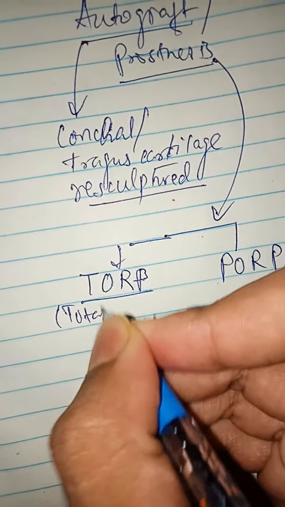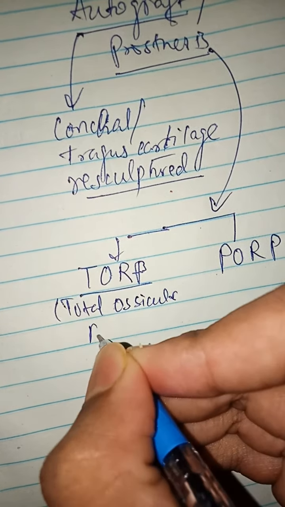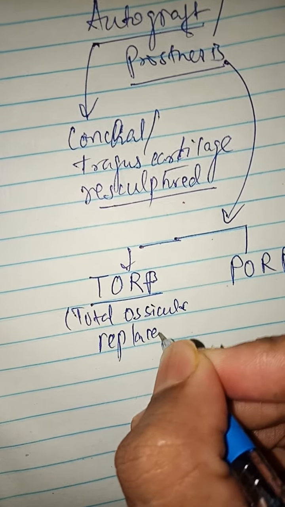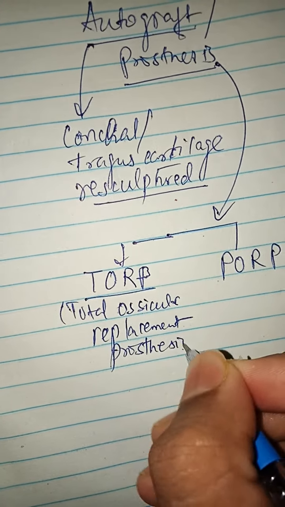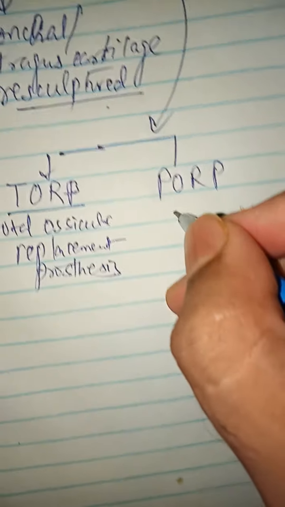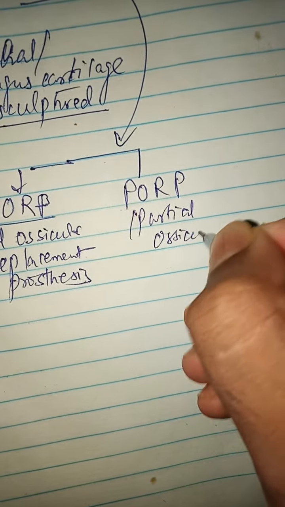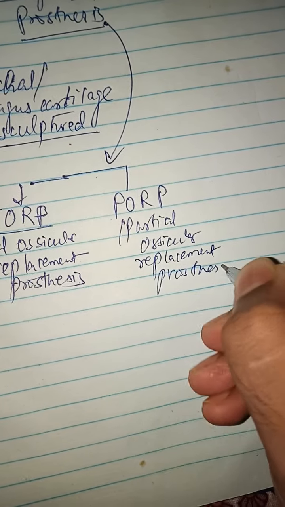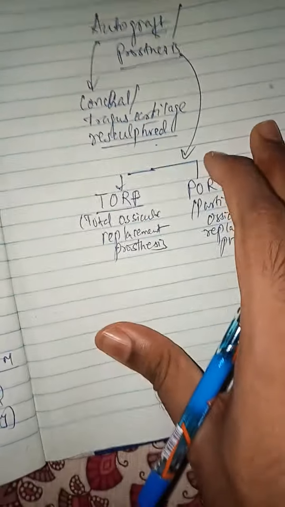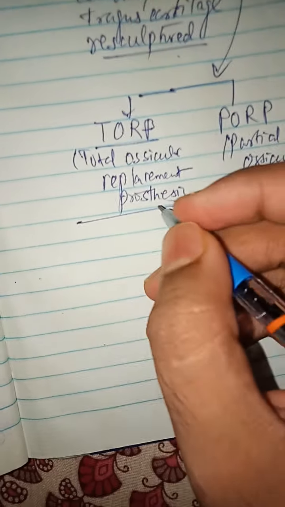So total ossicular replacement prosthesis and partial ossicular replacement prosthesis. So when will I give TORP, and where will I give it?